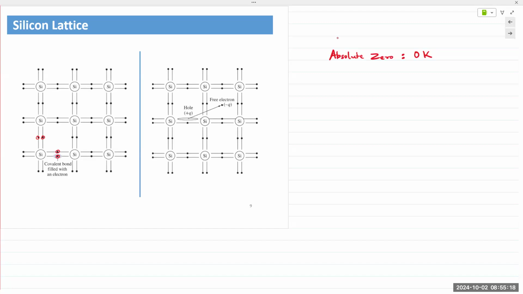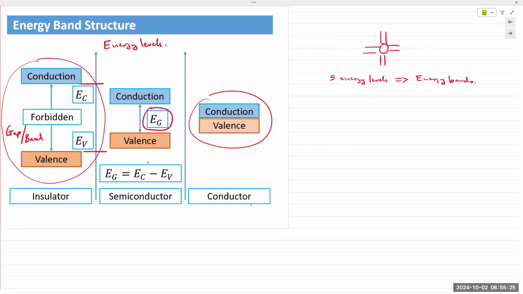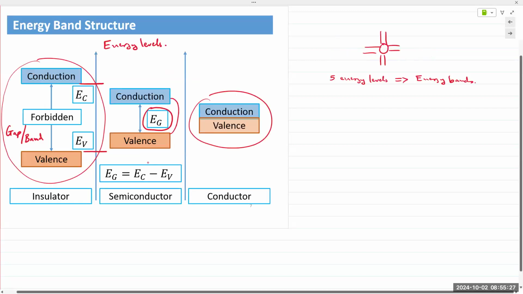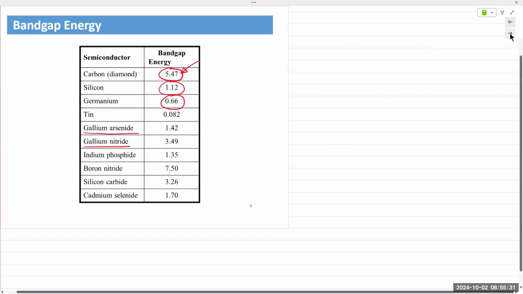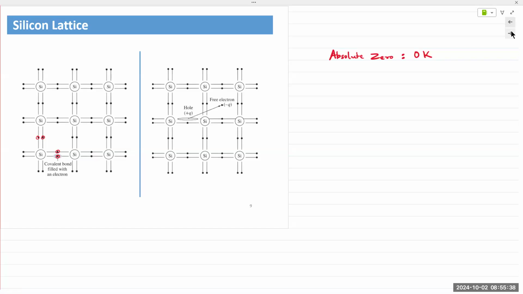They're all below the EV level. Once it heats up, it moves from the valence band to the conduction band. And when we get all the way up to room temperature, a certain number of electrons are already freely moving around the crystal lattice. That is what makes it an intrinsic semiconductor.